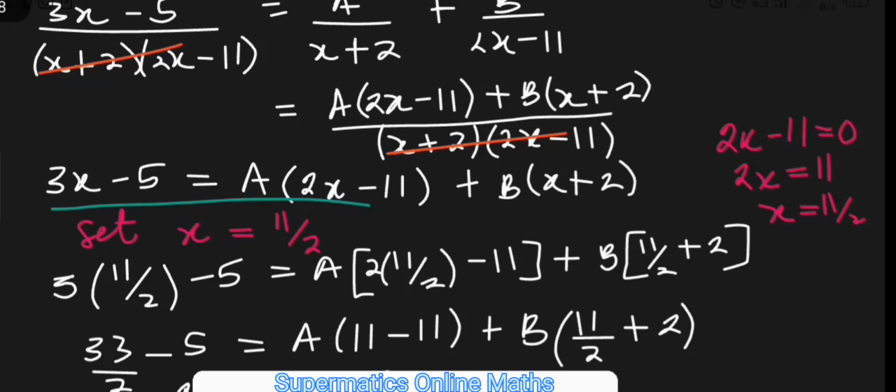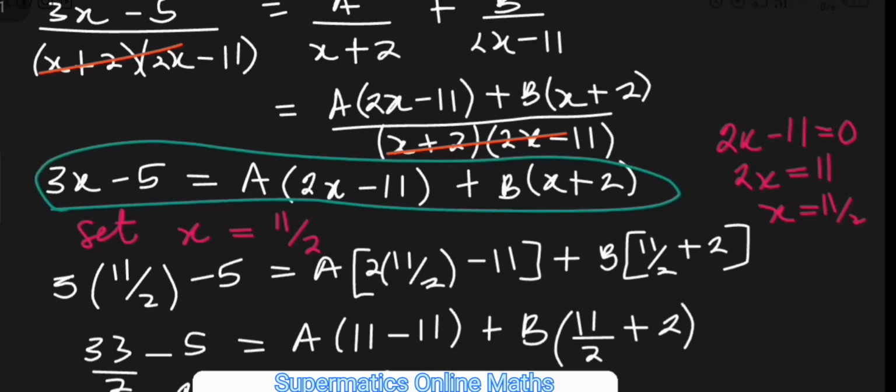Then going back, in order to eliminate B in the cover-up method, we are going to set x to be negative 2, so that B can also be 0.